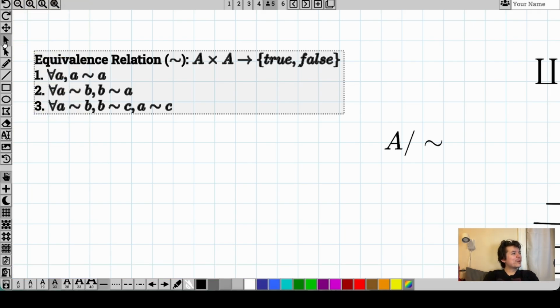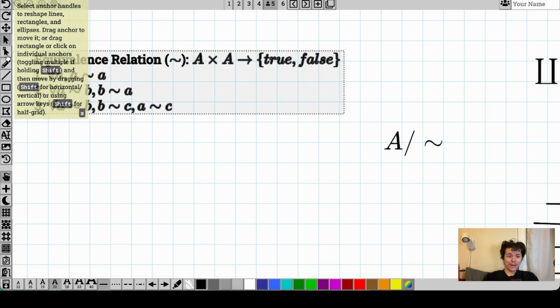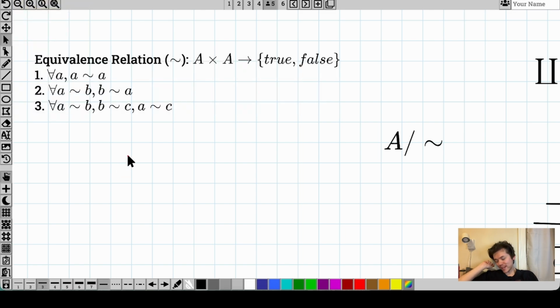What's an example of an equivalence relation? I gave an example in my notes up there: if I have a set of people, you could say any kind of biometric of them. You could say the BMI of a bunch of people is an equivalence relation. One person is equivalent to another person if they have the same BMI. Or you could say height.